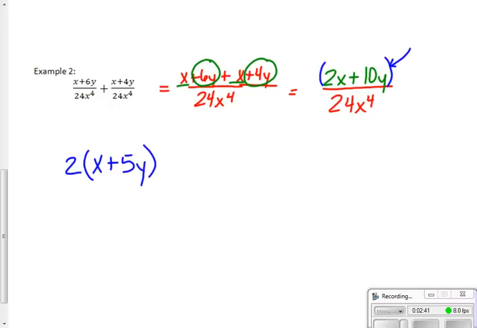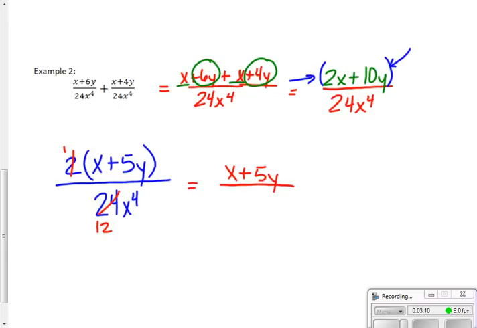So if I actually distributed that 2 back in, I would come back to what we had up here, 2x plus 10y. Denominator is now 24x to the 4th power. Now if you look at this, you can take a 2 off the numerator, leaving you with 1, and a 2 off the denominator, leaving you with 12. So there's your simplification. So really what you have is x plus 5y on the top all over 12x to the 4th power.